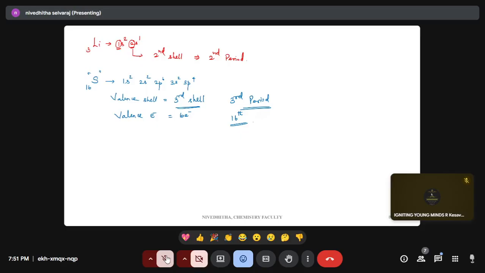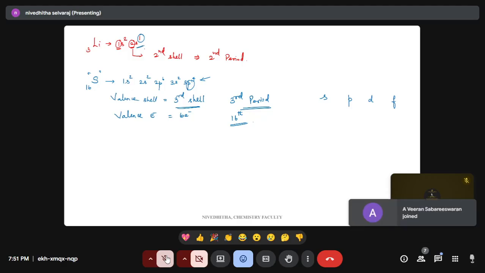The periodic table is classified into 4 blocks: S block, P block, D block, and F block. As far as sulfur is concerned, the last electron is entering the P subshell, which means sulfur is in the P block. For lithium, the last electron is entering the S subshell, so lithium is in the S block.